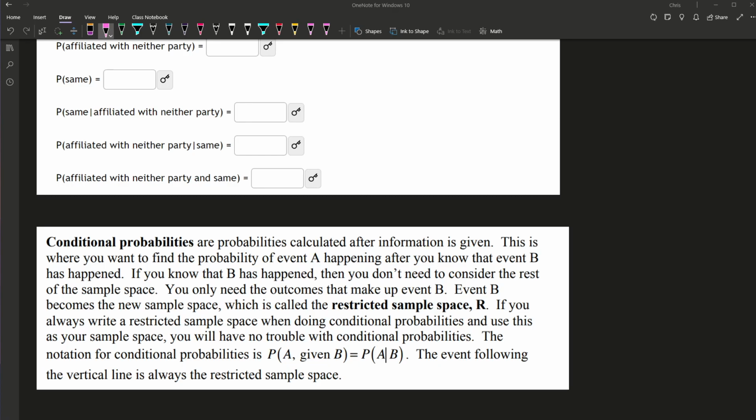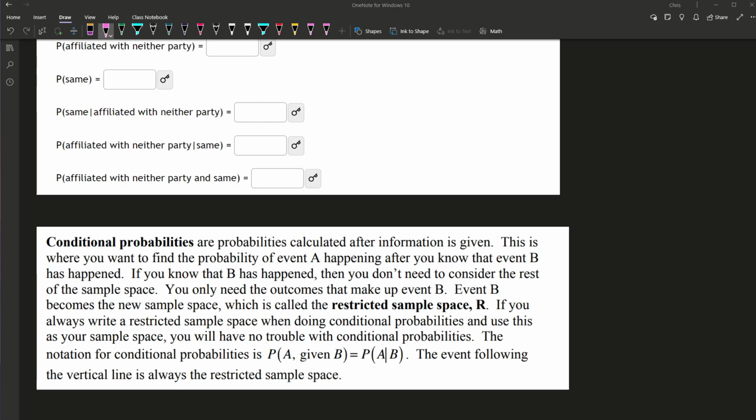If you always write a restricted sample space when doing conditional probabilities and use this as your sample space, you will have no trouble with conditional probabilities. The notation for conditional probability is probability of A given B. So this vertical line is read as given.